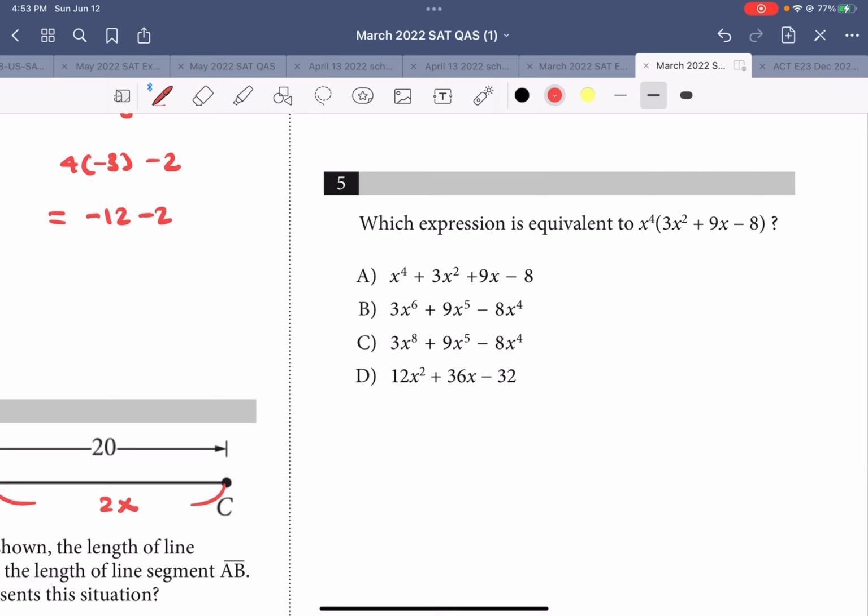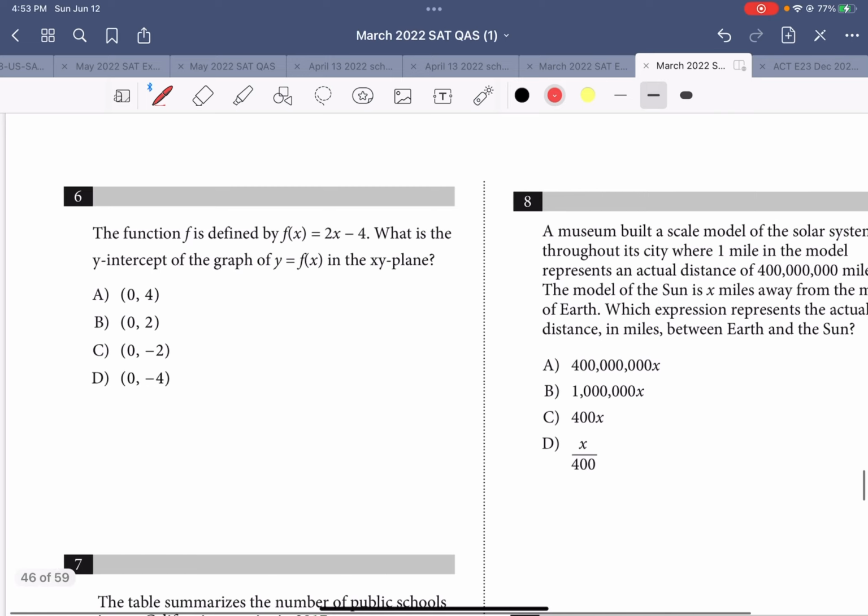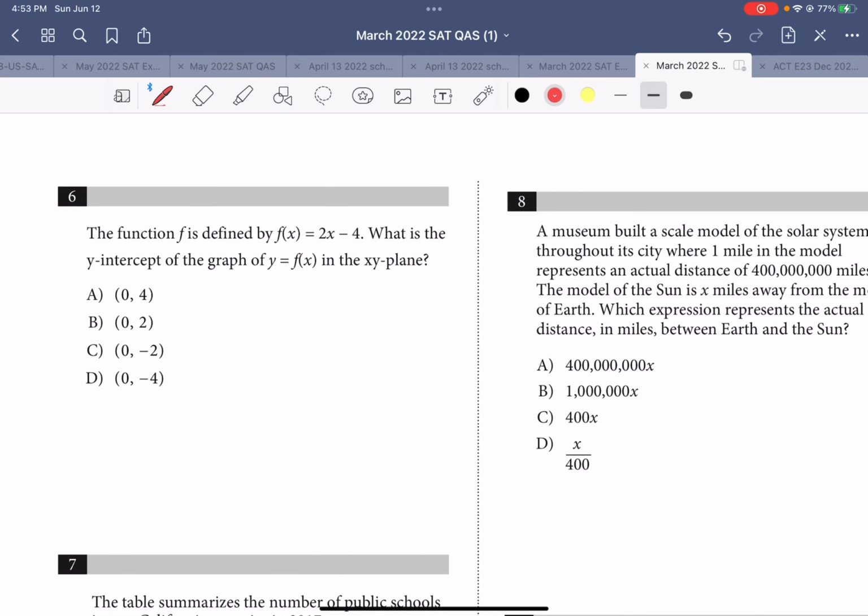Which expression is equivalent to this one? So you can distribute. So 3x to 6 plus 9x to 5 minus 8x to 4. So answer is B. Okay, just the distributive property. Number 6, the function f is defined by f of x equals 2x minus 4.